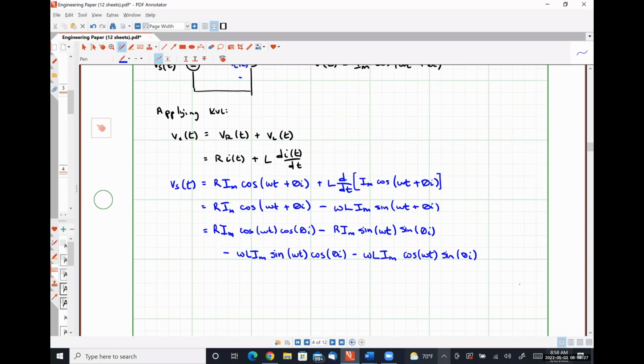So I have R times Im times cosine theta I plus, let's see, R Im cosine theta I minus omega L Im sine theta I times cosine omega t.